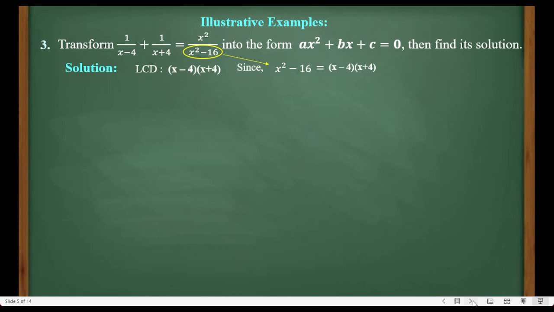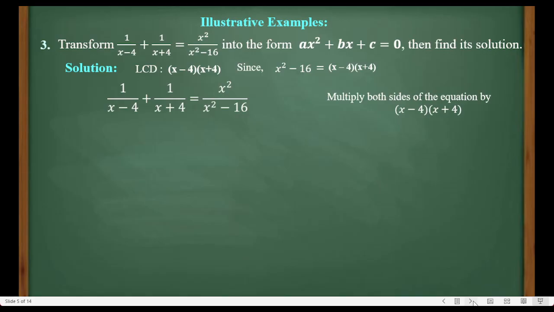And just like in number 2, what shall we do with the LCD? We multiply this to each term of this rational equation on both sides. Okay, so rewriting the given equation, each term is to be multiplied by the LCD, on both sides.